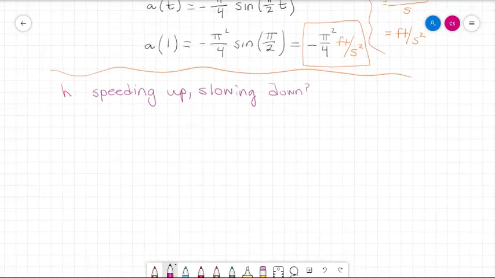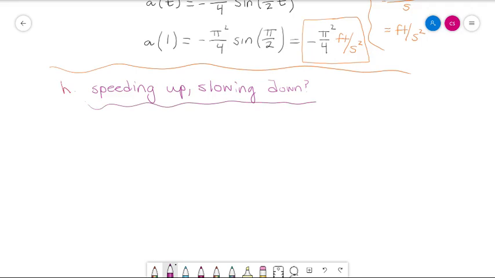Okay, so it's speeding up when the acceleration is positive. And it's slowing down when the acceleration is negative. But we'll focus first on the positive. Where is it speeding up?